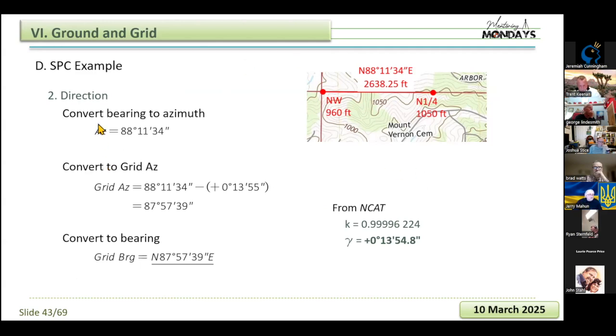So my geodetic azimuth for that line is 88 degrees 11 minutes 34 seconds because I'm in the northeast quadrant. I subtract from it my convergence that I got coming out of NCAT. That tells me my grid azimuth is 87 degrees 57 minutes 39 seconds. Convert it to a bearing, and that's north 87 degrees 57 minutes 39 seconds east. That's all there is to it, as long as I can get the pieces that I need for it.